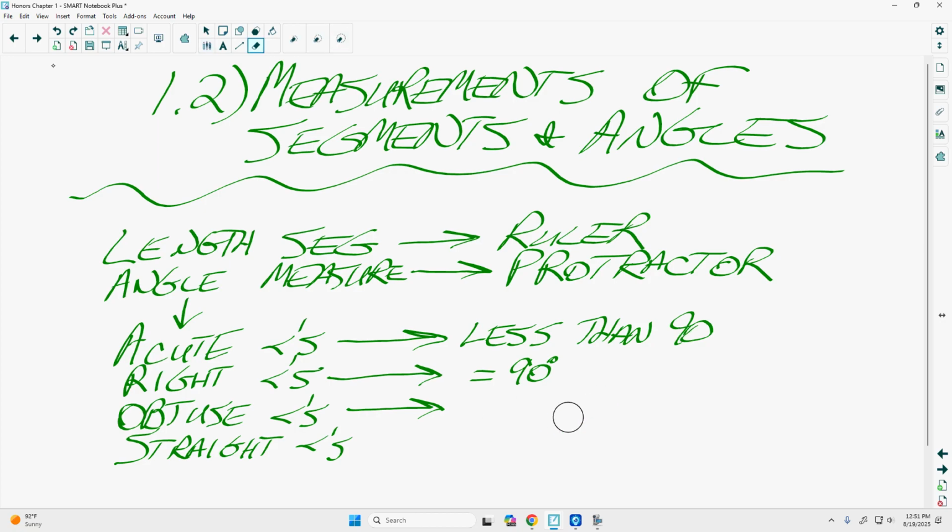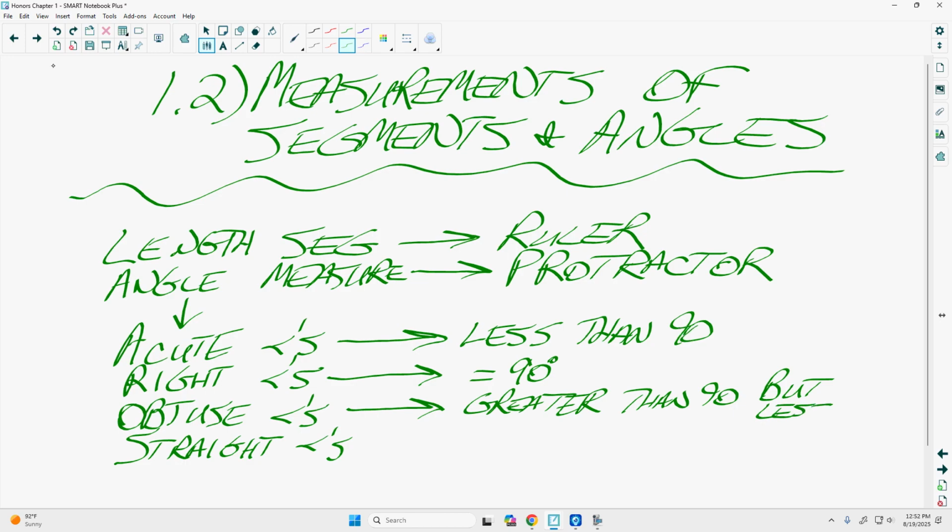I'm just going to say greater than 90 but less than 180. And then a straight angle is just equal to 180 degrees. A straight angle is just a line.